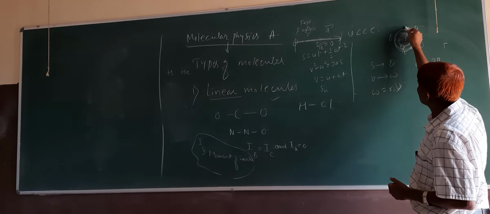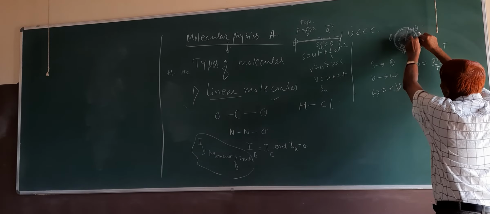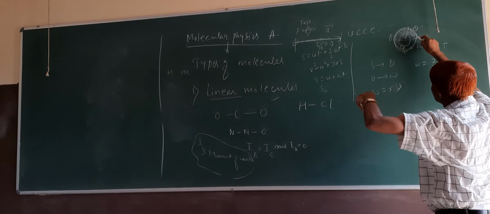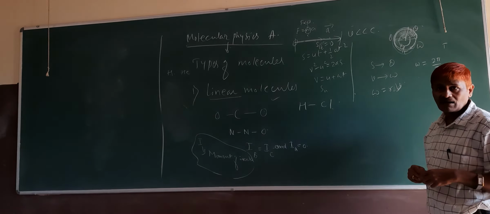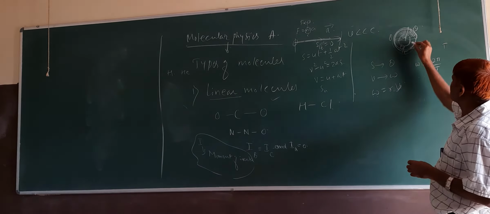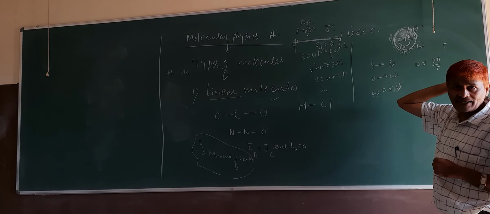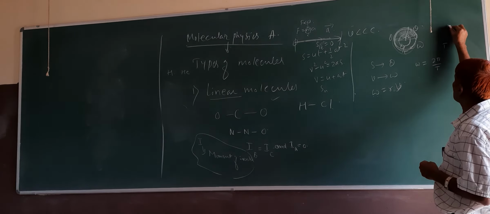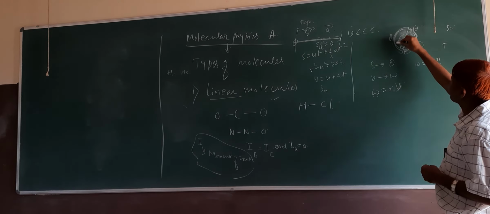right? And what is the linear distance covered if you measure it along the length? What is the linear distance for one circular motion? If r is the radius, then S is equal to 2 pi r for one rotational motion.